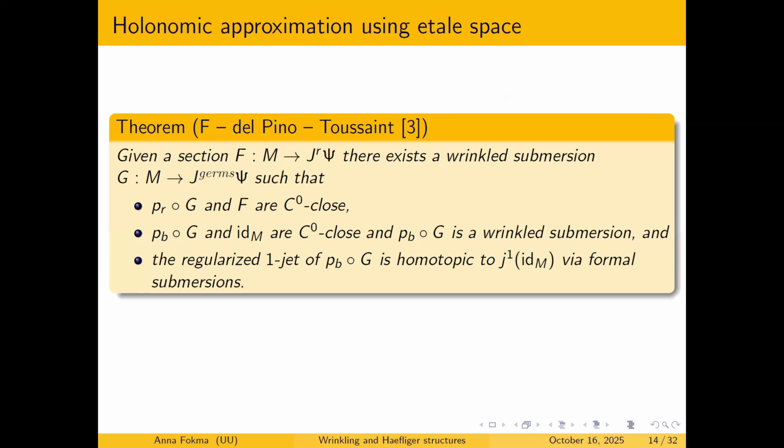Because if you have a section and you project down to the base, you of course get the identity map. Now with G, that's not the case because it's not a section, but instead, if we project G down to the base, you get a map that is close to the identity. And in fact, it is a wrinkled submersion, meaning that we can, again, consider its one jet, and in fact its regularized one jet, and this will be homotopic to the given section F. And now you may wonder, why would you still call this a holonomic approximation?